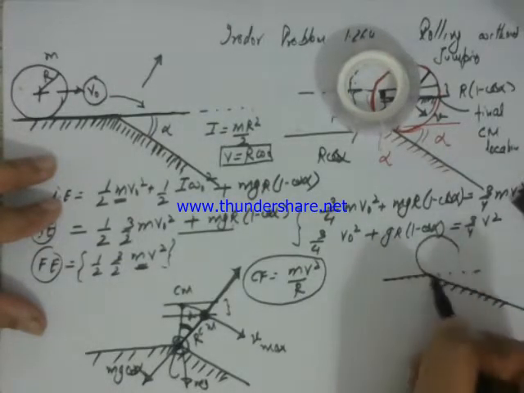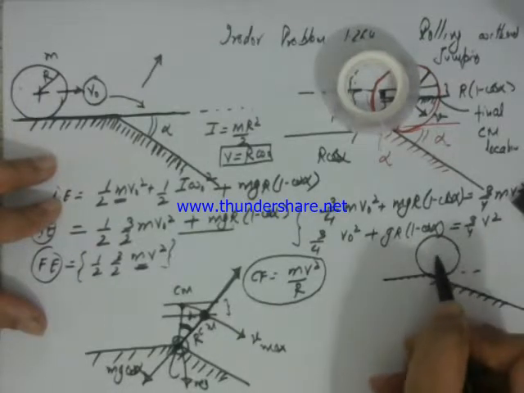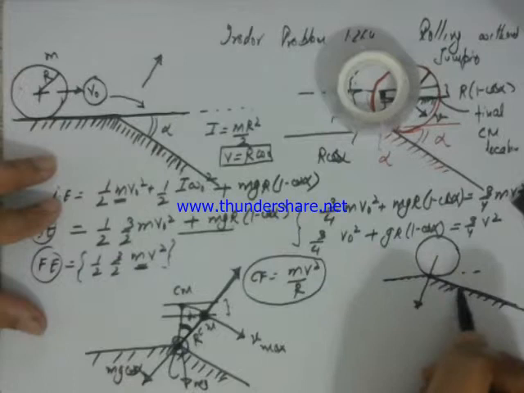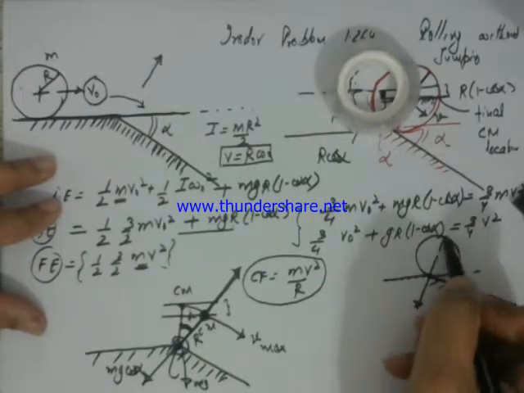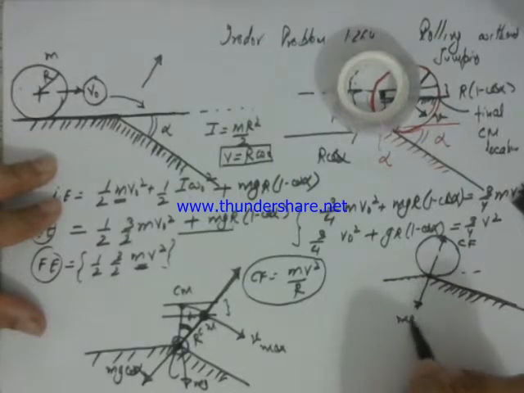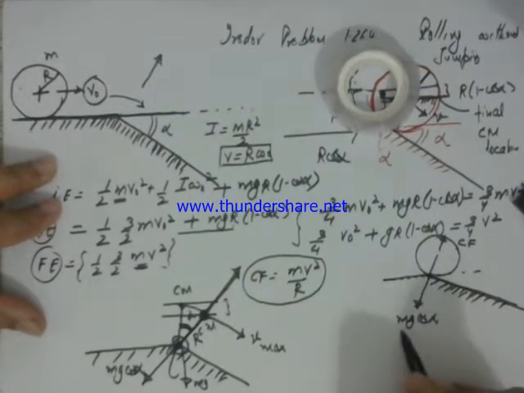Taking the components normal to this plane, the centrifugal force is upwards and mg cos alpha is downwards.